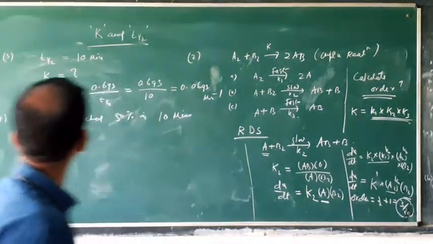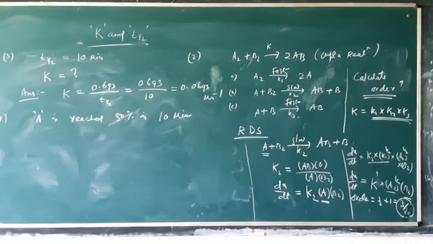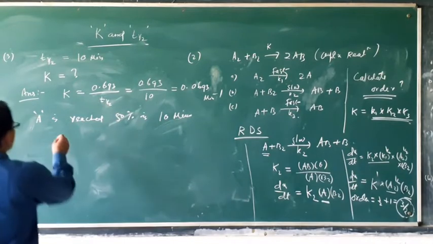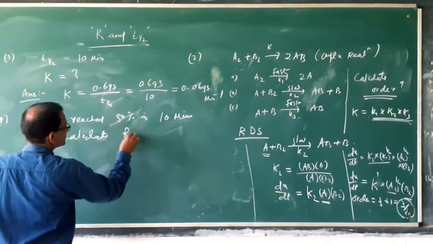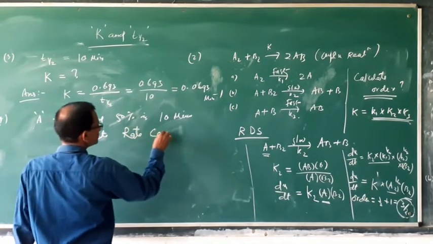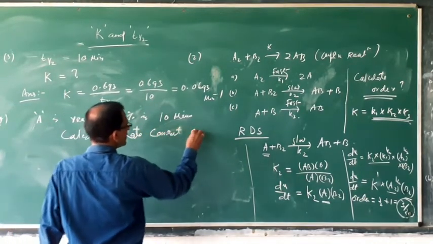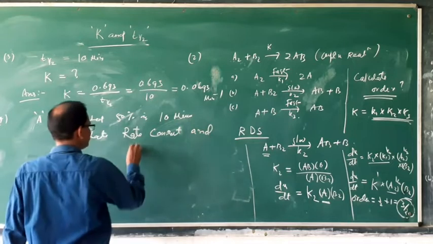The question is: A is reacted 50% in 10 minutes. Then calculate the rate constant and average life.